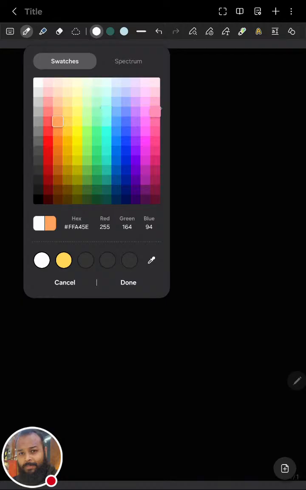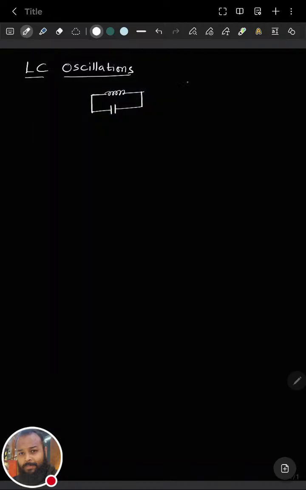So in LC oscillations, we take an inductor and a capacitor and connect them in this manner. Before I start, let me explain a few things about what an inductor does. We know that inductor L is a device which stores magnetic energy.